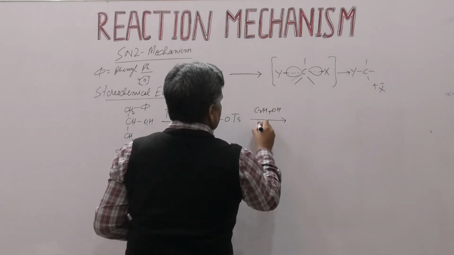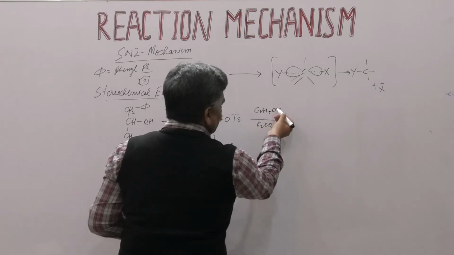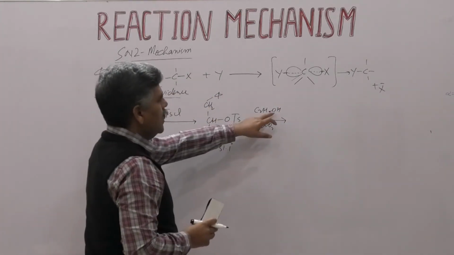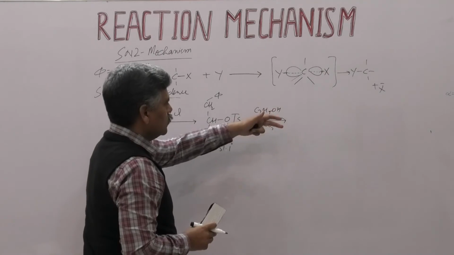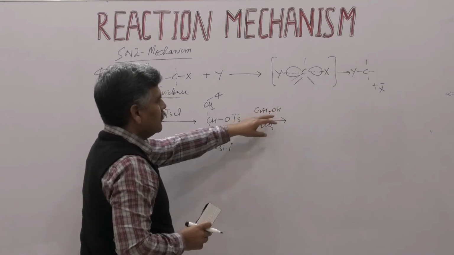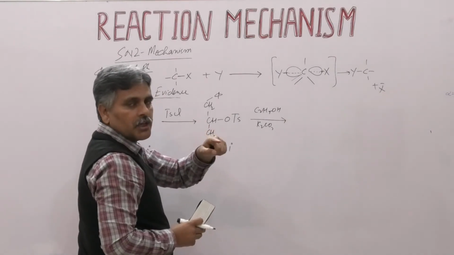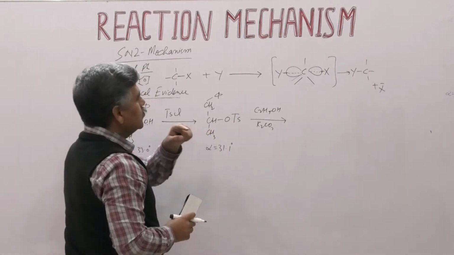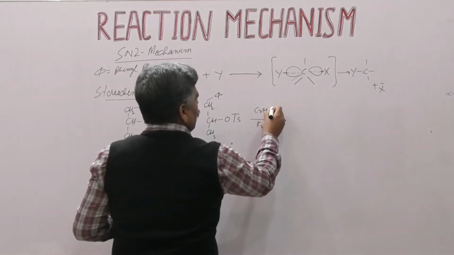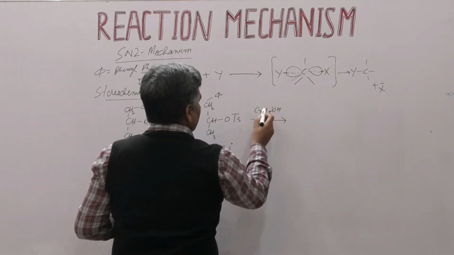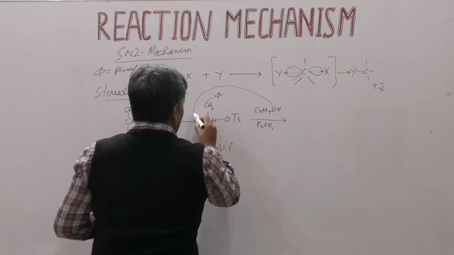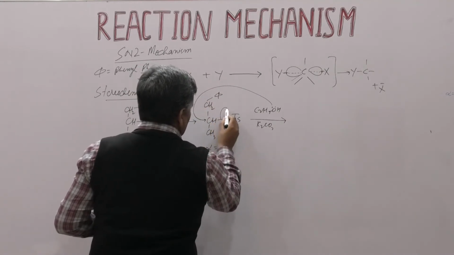Okay. Then this tosylate, when it reacts with C2H5OH in the presence of a base like potassium carbonate, or you can use here a negatively charged oxygen to increase the nucleophilic character of this hydroxyl. As I have told you, negatively charged species are more nucleophilic as compared to their neutral precursor. Then the lone pair on this oxygen now attacks from the opposite side of this leaving group.